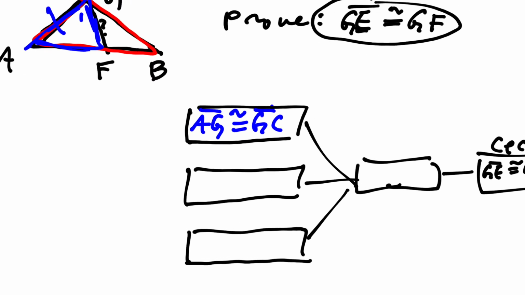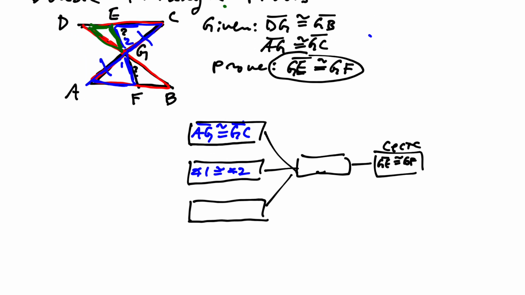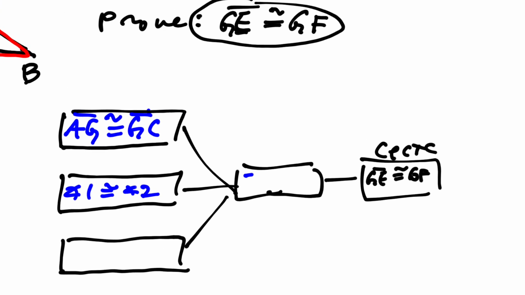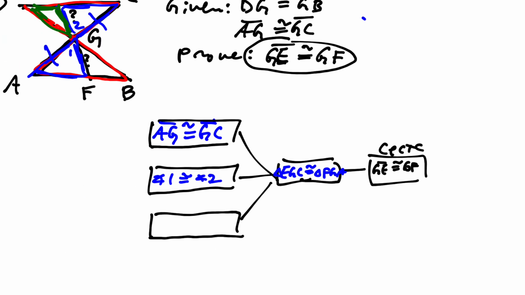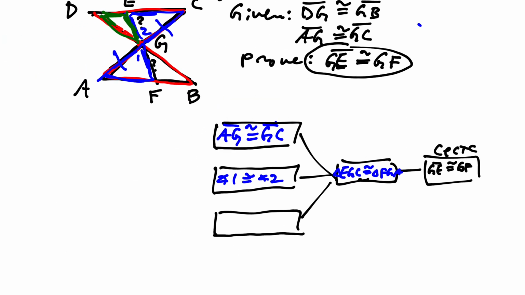Angles 1 and 2 are vertical angles. So now I'm 2/3 of the way towards the goal of triangles EGC and FGA. I'm getting really close. I'm just one step away.